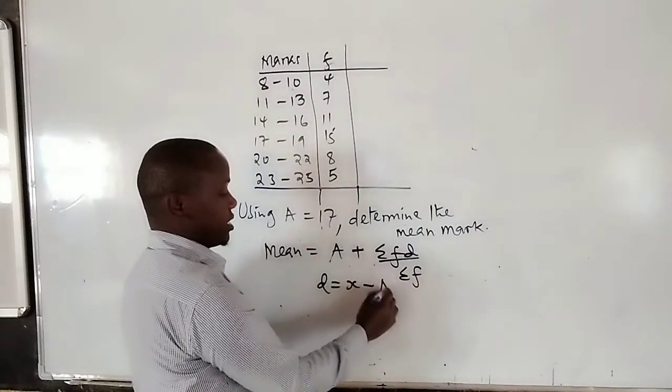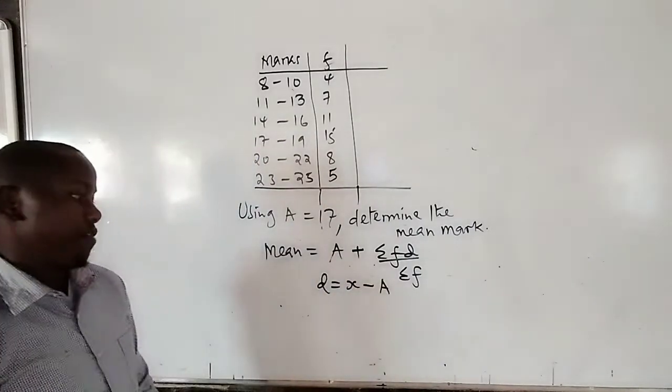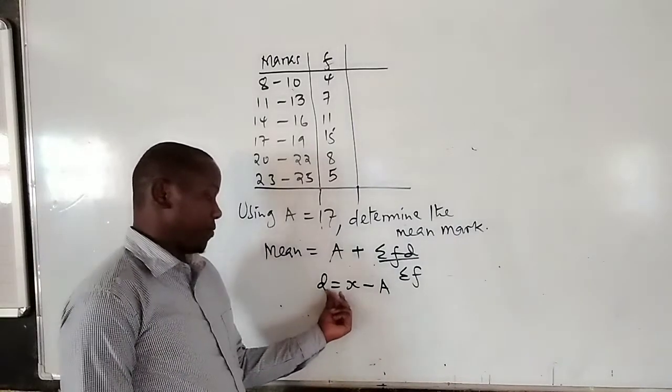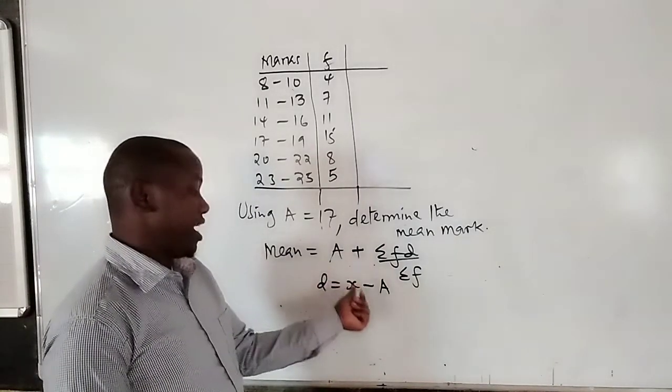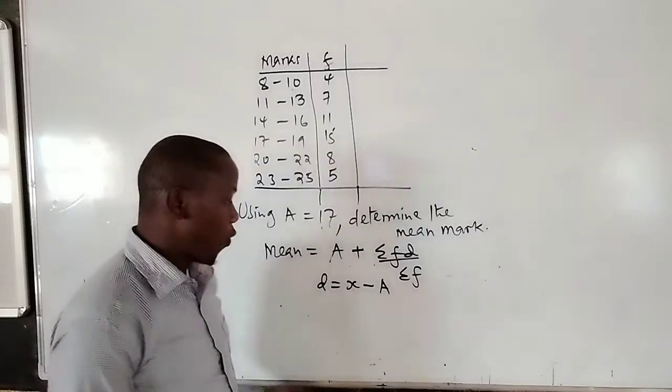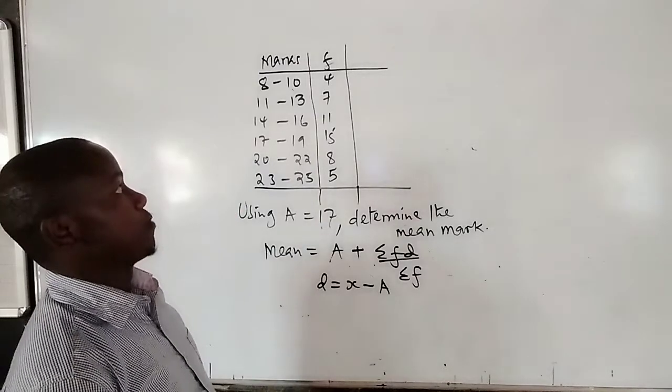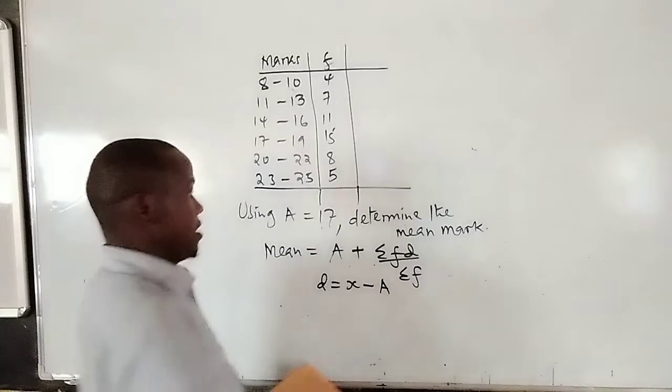So the deviation between the midpoints and the assumed mean will give us D. Then we multiply D by frequency.